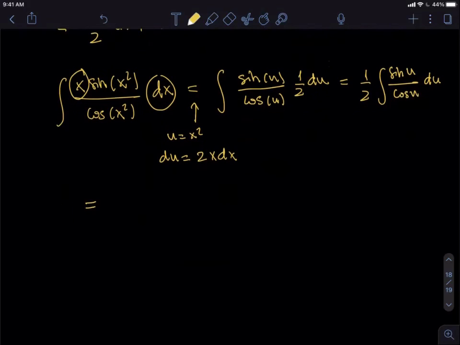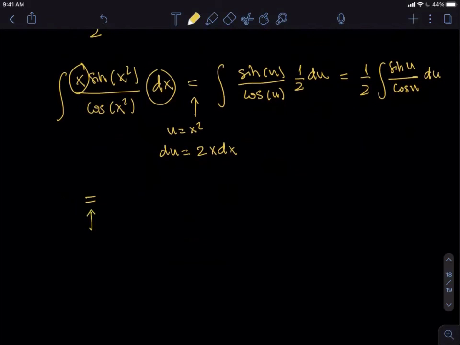And here we would need to do a second substitution. We call it v equals cosine of u. We may need to do several substitutions. dv is negative sine of u du. So we see the numerator sine of u du, that's negative dv.